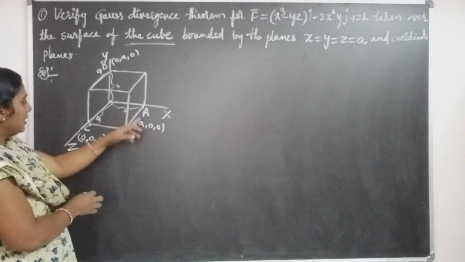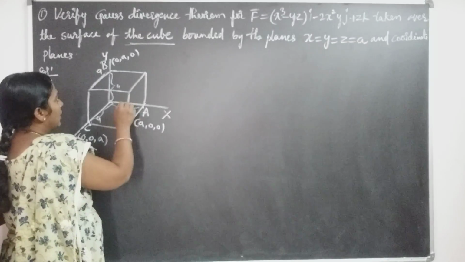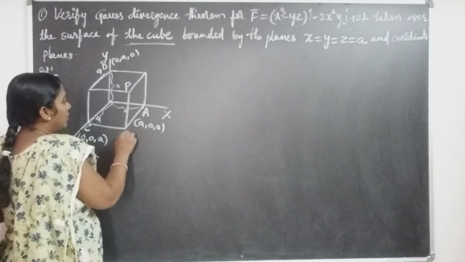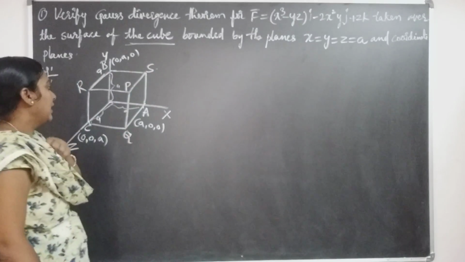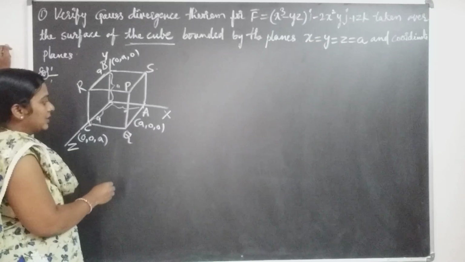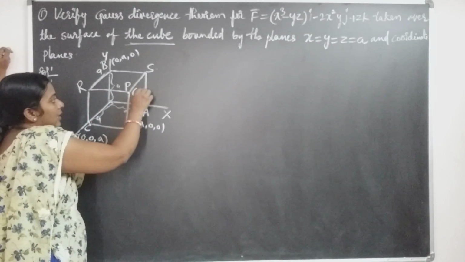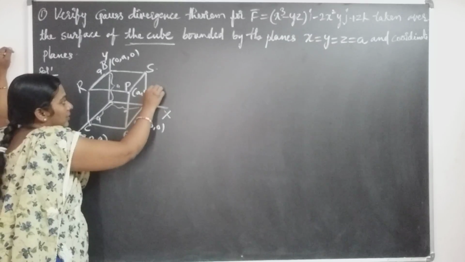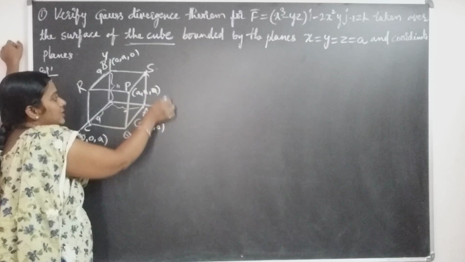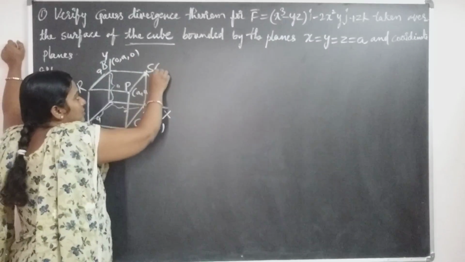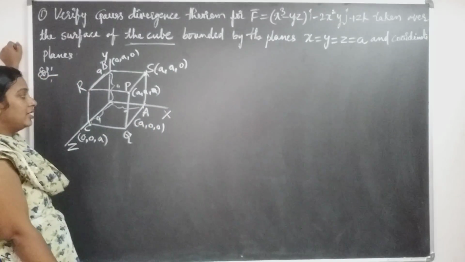We take P, Q, R, S as the remaining vertices. P is in three dimensions, in the xyz space, so the point P is (a, a, a). S is in the xy plane, so x and y values are a, z is 0.